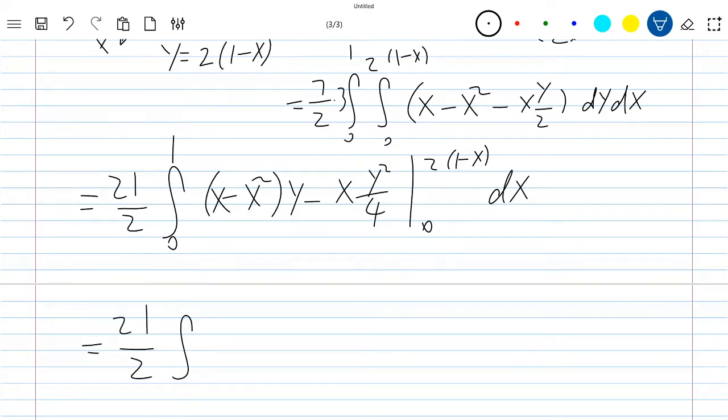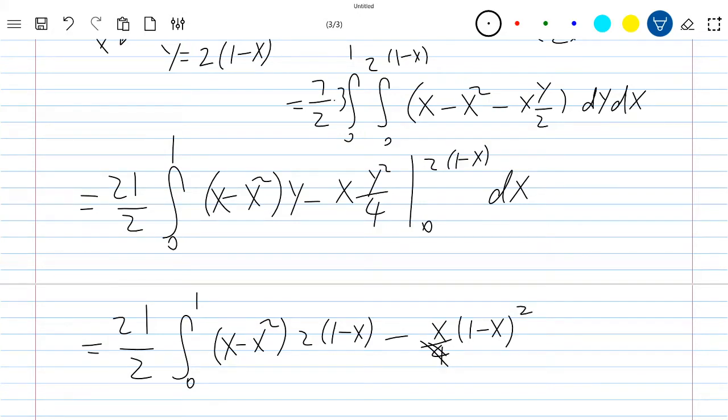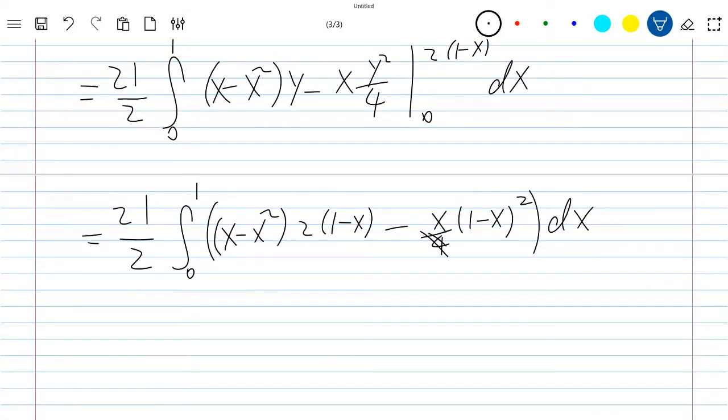Alright, then 21 over 2, and then you get 0, 1. You get x minus x squared times 2 times 1 minus x minus x over 4. Well, this 4 will be cancelled, right? Then you get 1 minus x squared. That looks good. Alright, let's see.